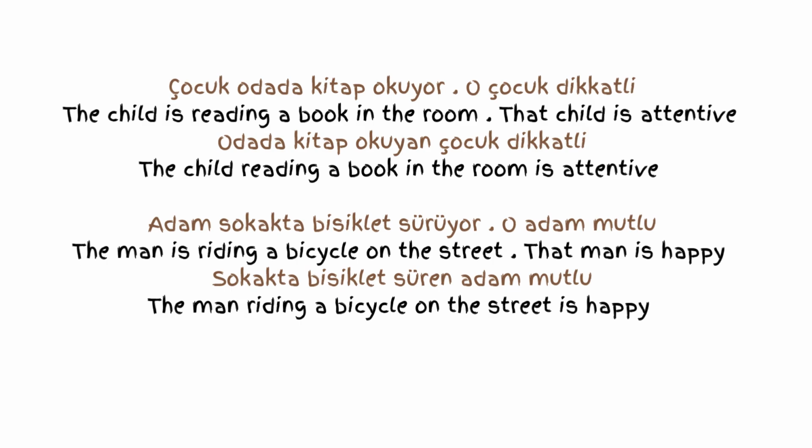Begin with the first sentence from the object. Sokakta, at the street or on the street. Followed by the verb, which is bisiklet süren. Followed by the subject, which is adam.